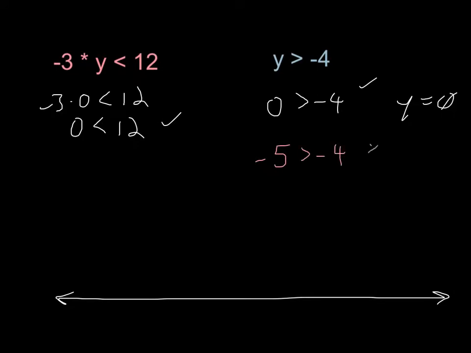That's not true. On the left-hand side, I get -3 times -5 is less than 12. A negative times a negative is a positive, so I end up with 15 is less than 12. That's also not true.